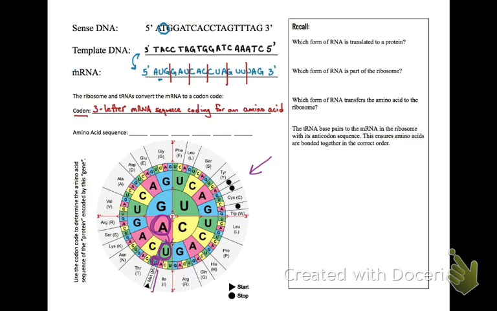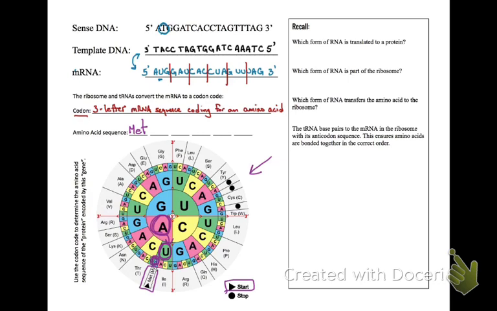And that tells us that AUG codes for the amino acid methionine, or MET. In addition to coding for methionine, this codon is also known as the start codon. We find this at the beginning of every single mRNA sequence that codes for a protein.